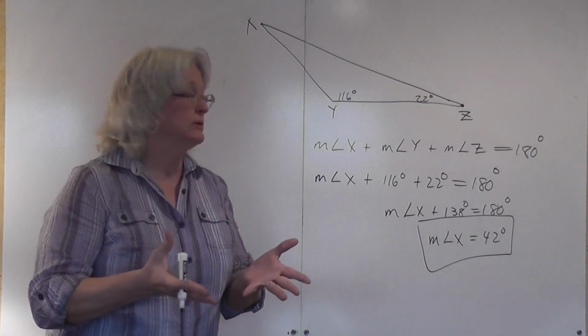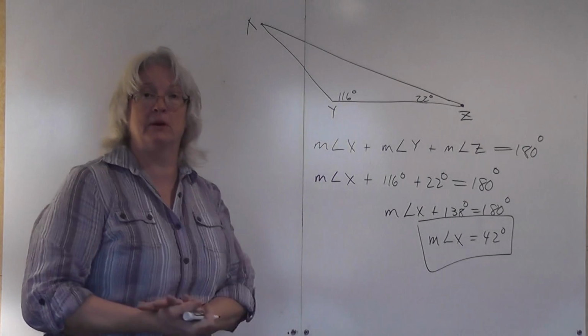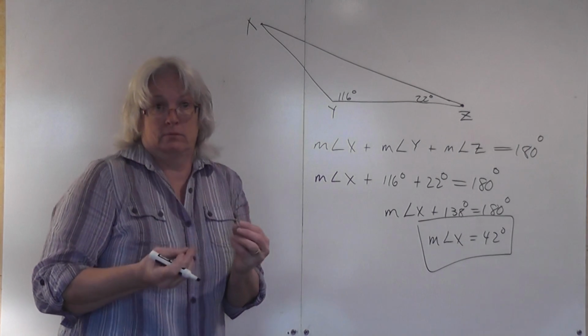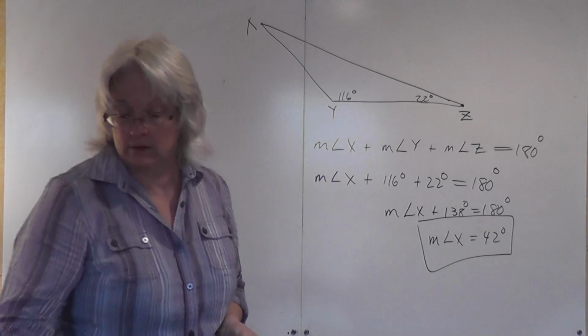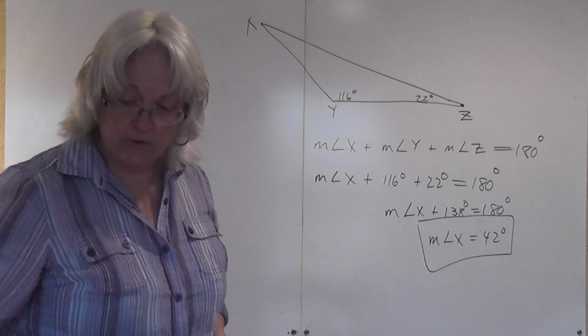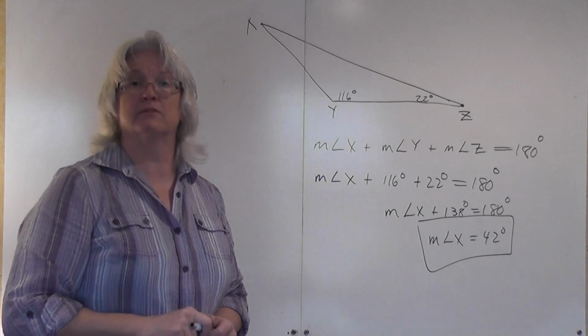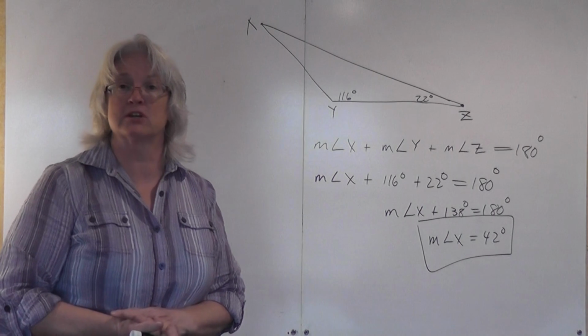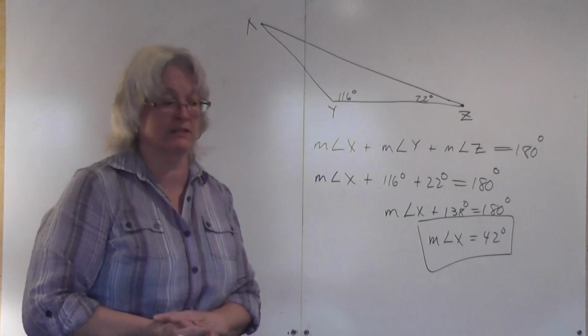And that's all that you need to do to be able to compute the measure of an angle of a triangle if you're given two other pieces of information. That's all we have for section 11.5, and I'll see you next time.